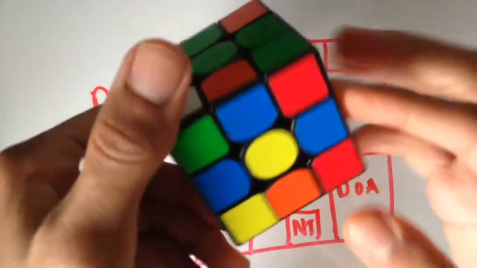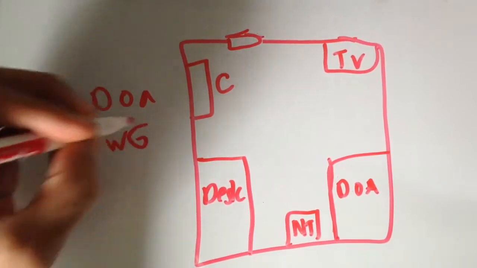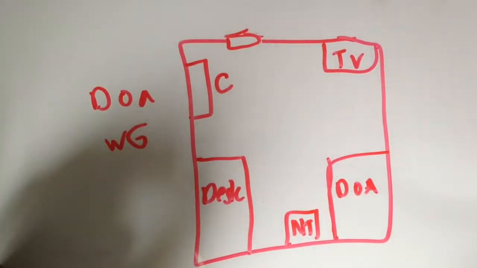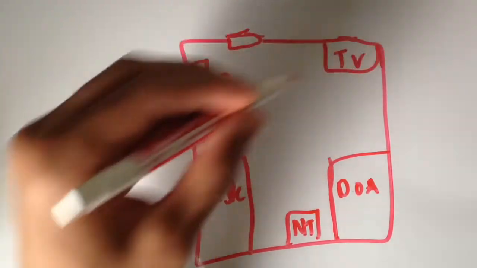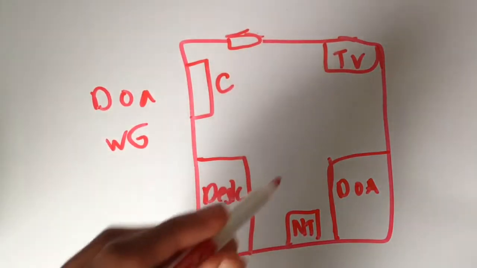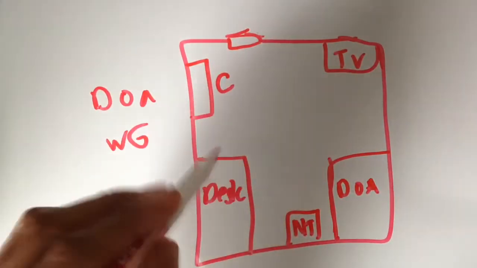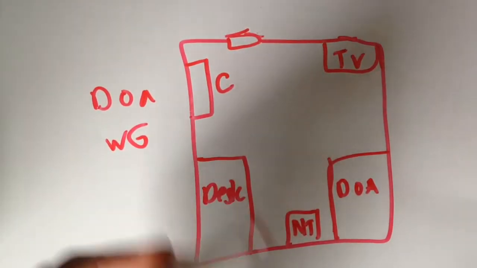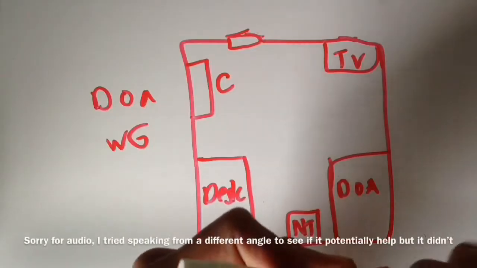So O needs to go to W, W needs to go to G, so that's W-G. Depending on how many letters you have depends on how much space you have in your room. I don't use this method to solve a regular Rubik's Cube blindfolded; I use a method called audio.